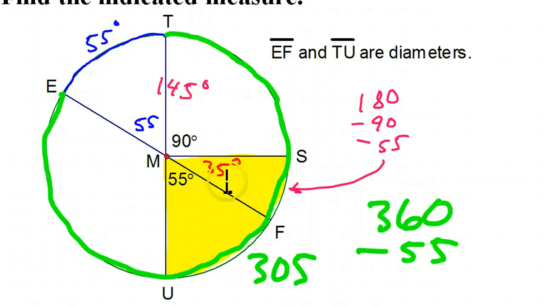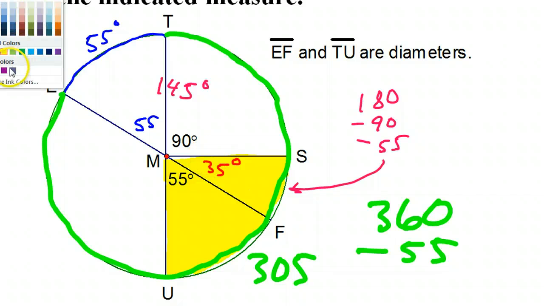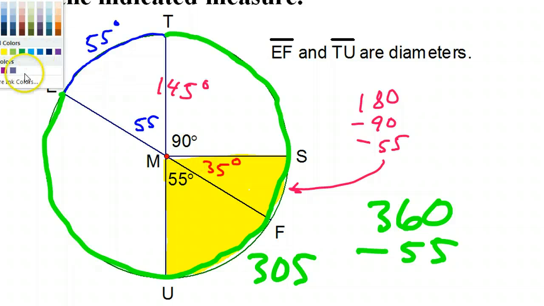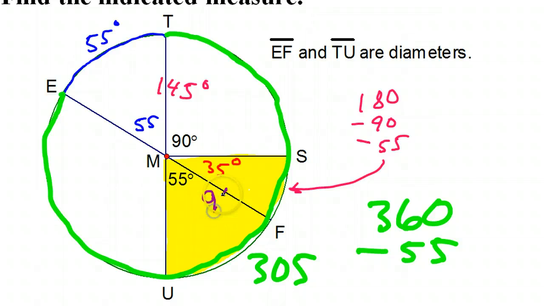So we already found the 35 before. So it's just the 35 plus the 55. And of course, all together, that makes 90. All right, 90 degrees.